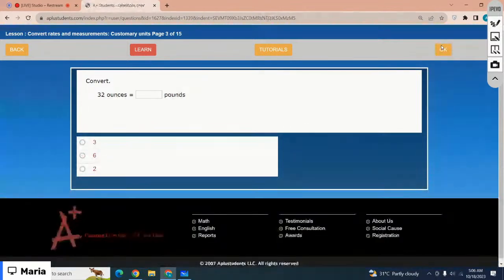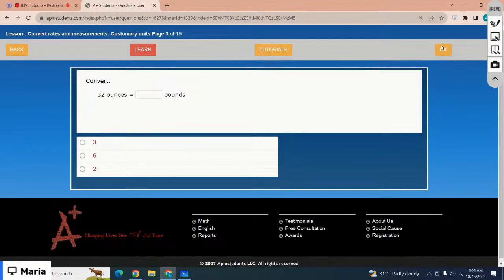The next one is 32 ounces equal how many pounds? You have to divide because in 1 pound you have 16 ounces.